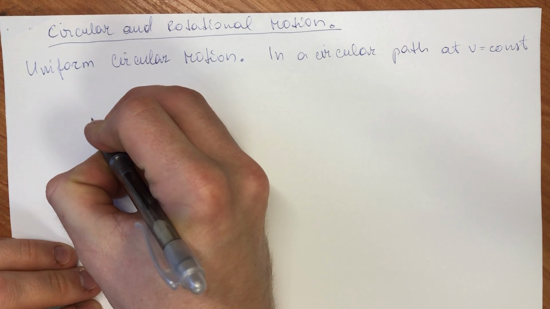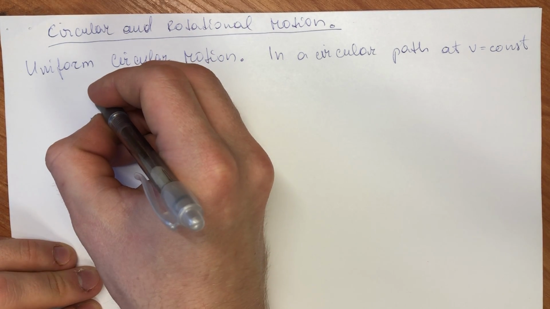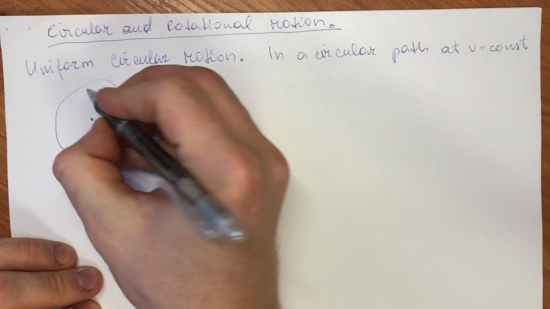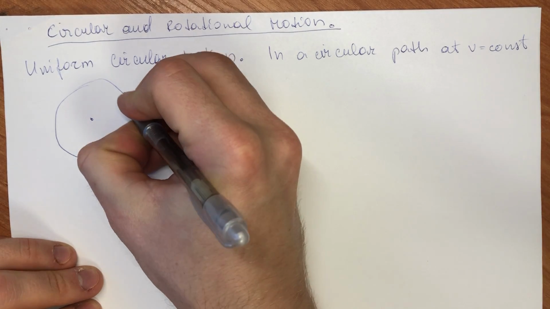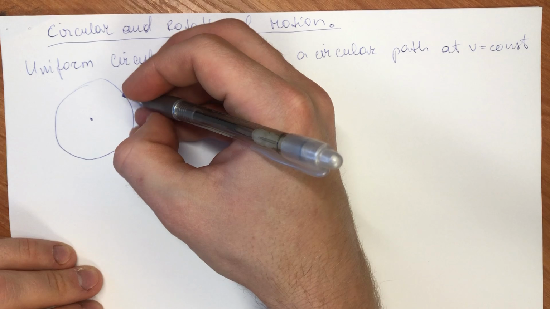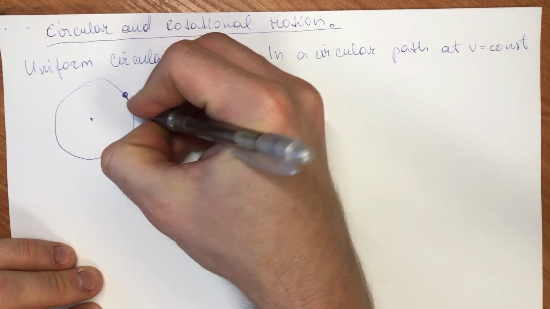If you have here some kind of center, then there is some kind of circular path that some object is going around. So the direction of velocity is like this.